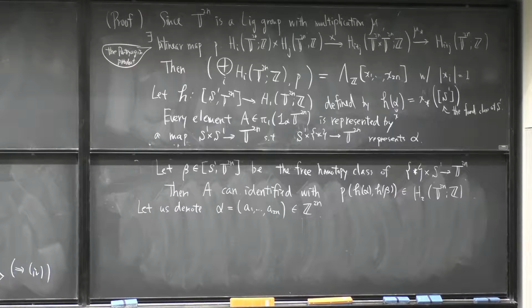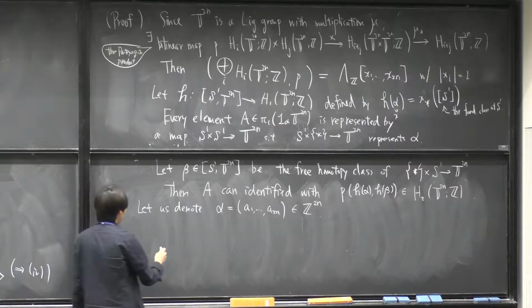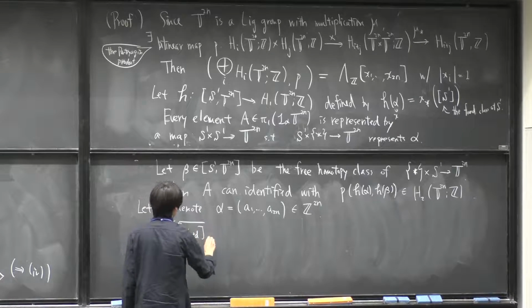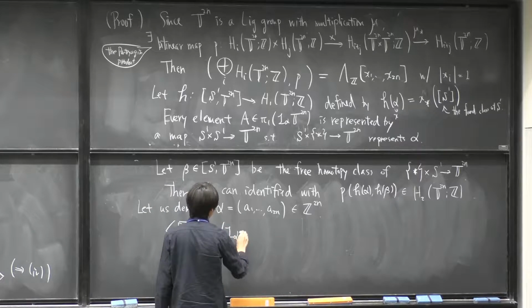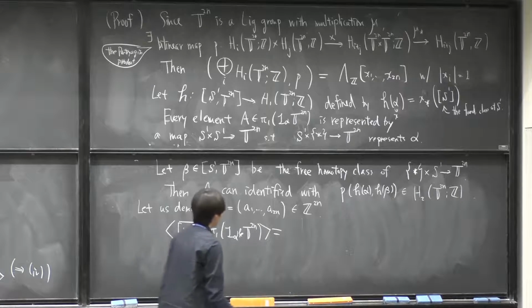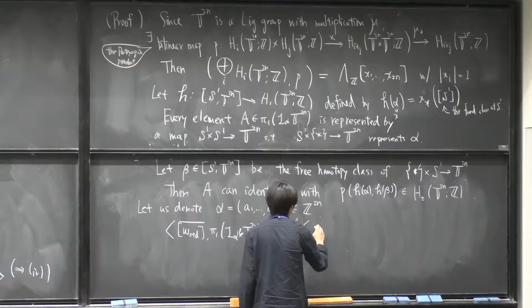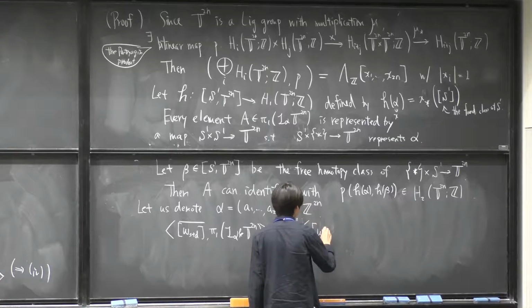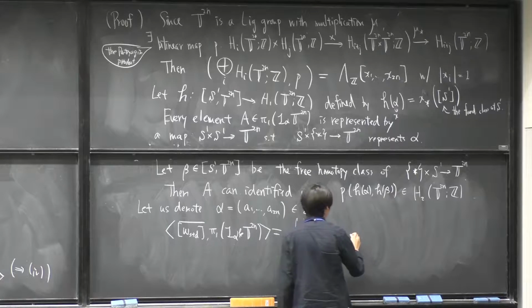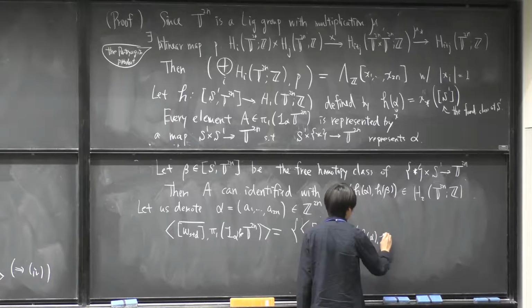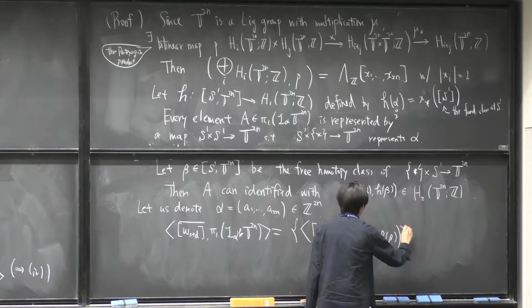Then we can compute this group directly. That is, this group is the set of integrals of omega without bar over these guys.